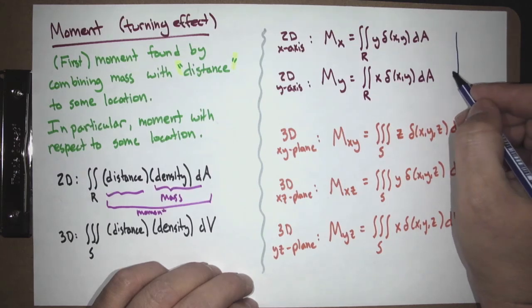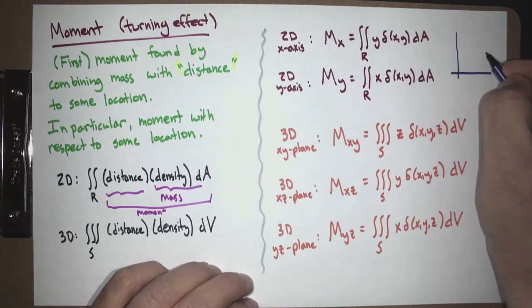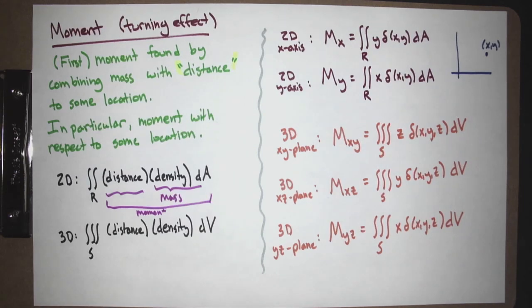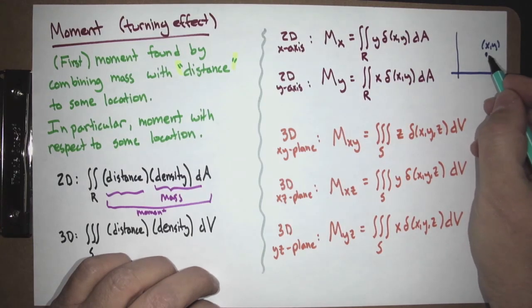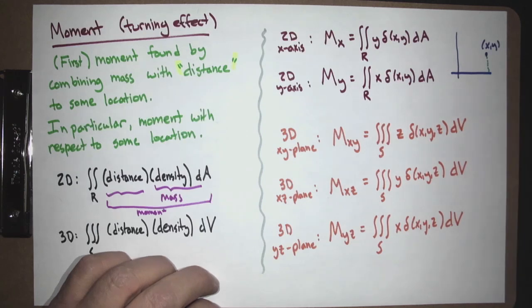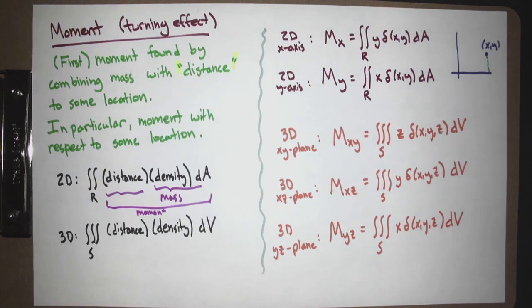So let's quickly remind ourselves, if we are at a point x, y, and I want to say, how far am I from the x-axis? The strong temptation is to say, I'm x away. But that's not right. Oh, you meant the variable y.